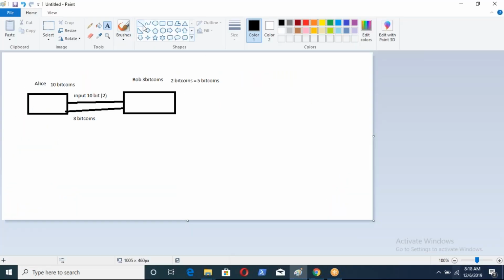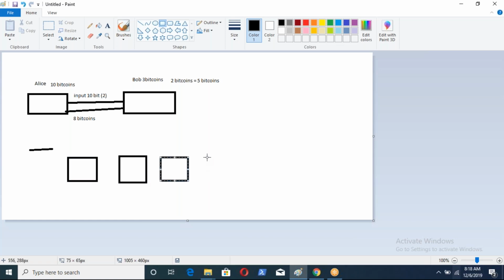Suppose the blockchain is nothing but a chain of blocks, right? This is one block, and these are the number of blocks.